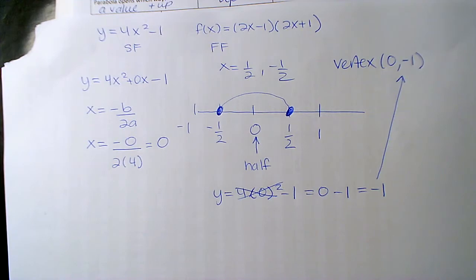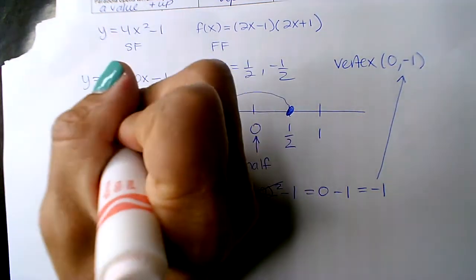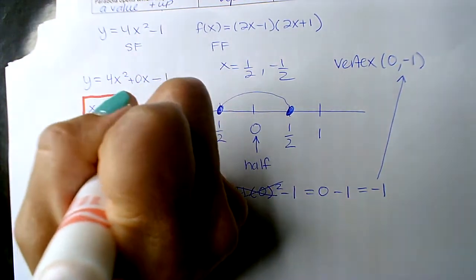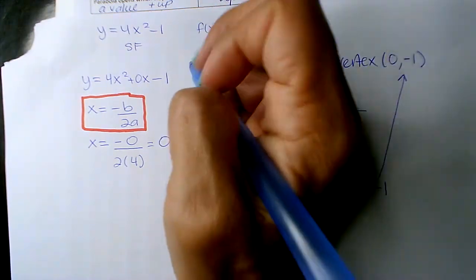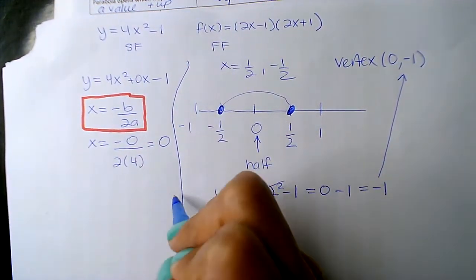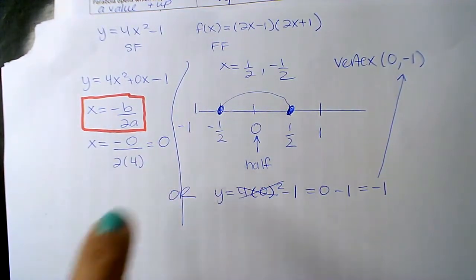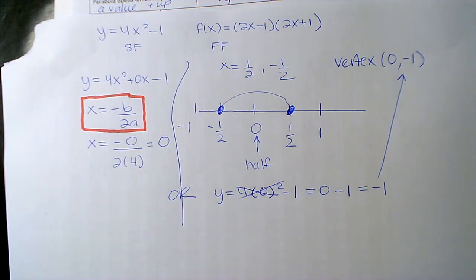So the only thing you need to remember is that if you're going to use the vertex formula, you have to know it from standard form if you don't have your intercepts. So this is an or. This or this. Whatever you prefer.